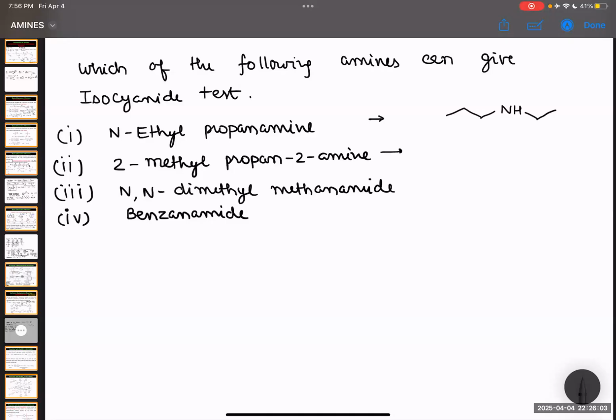Next is 2-methyl propan-2-amine. Prop has 3 carbon atoms: 1, 2, 3. You have amine, NH2, on the second carbon atom, and on the second carbon you have methyl also. Next is N,N-dimethyl methanamide.